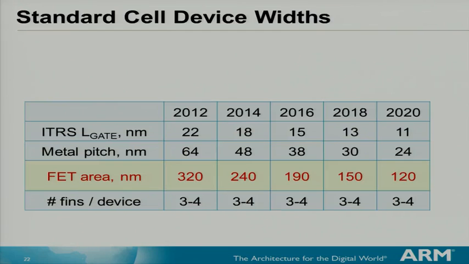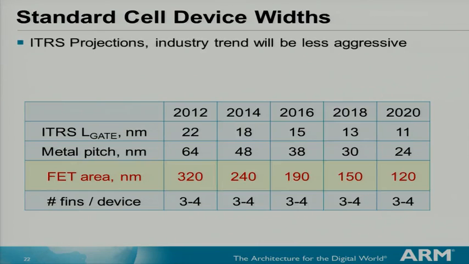So with that in mind, let's look into the future of how standard cell libraries will look. Here, what I've done is taken the ITRS roadmap from 2012 to 2020. ITRS is convenient for future projections, but the industry trend will definitely be less aggressive.